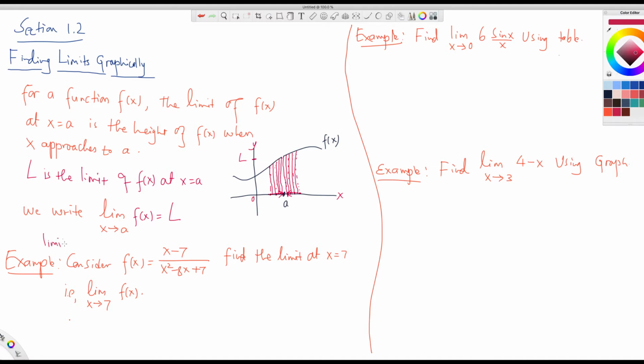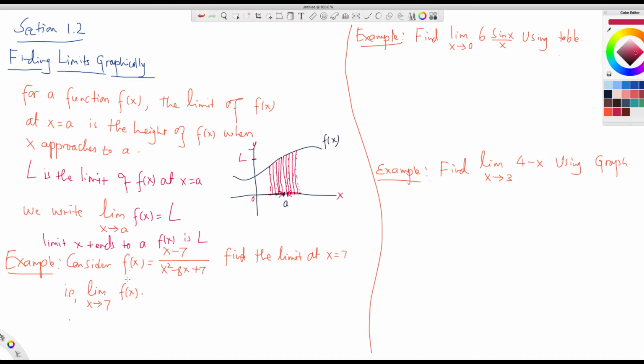Limit, x tends to A, f of x is L. That means when x approaches A from either side, from the left side or the right side, the height of the function f(x) is almost equal to L. That is called the limit of f(x) at x equals A is L. This is how we read it and how we write it.